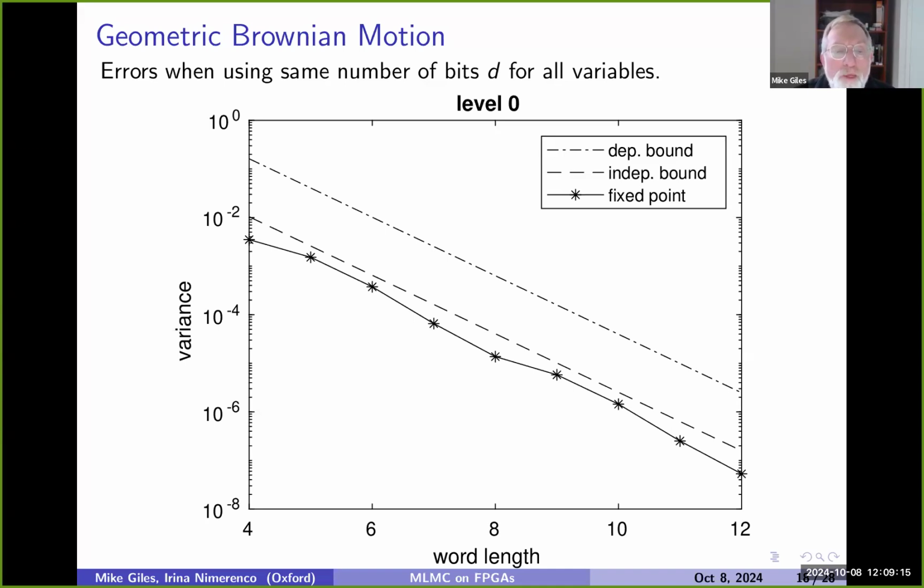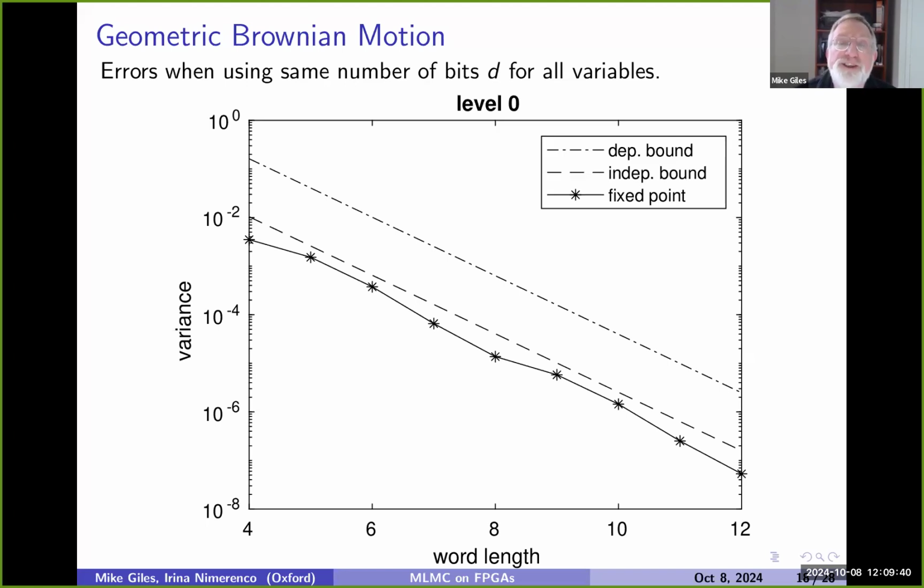And so here, what we're doing is we're using the same number of bits for all of the variables, and we're increasing that number of bits from 4 up to 12. The line with the symbols, these are the numerical results from the MATLAB calculation.